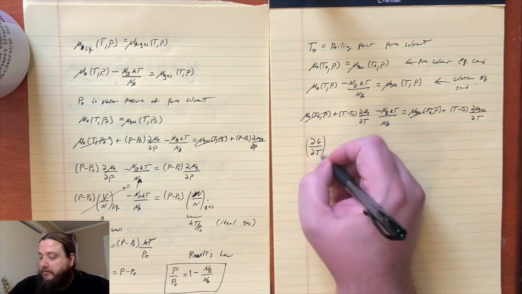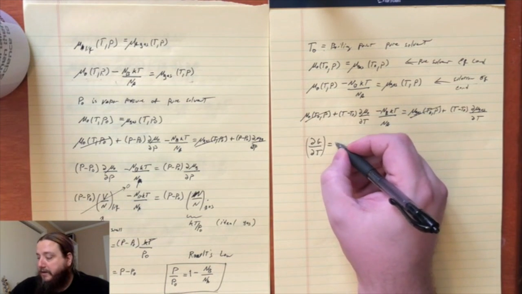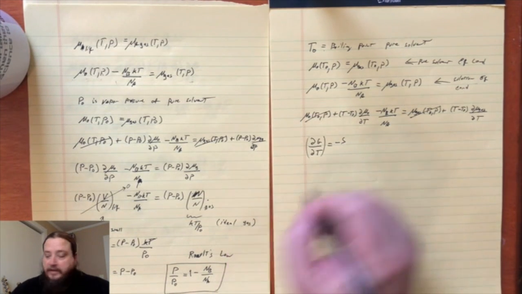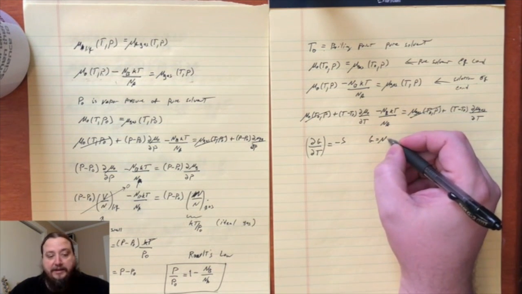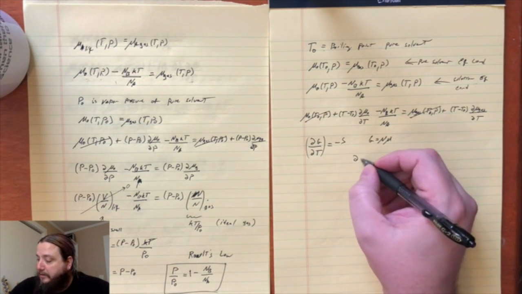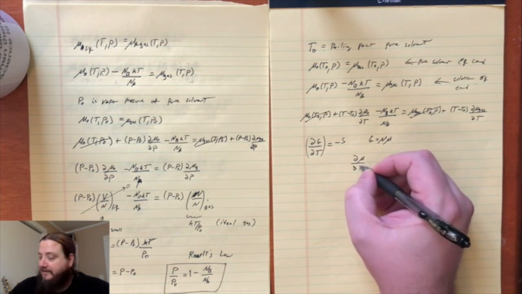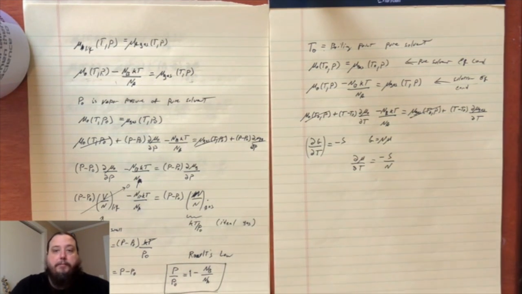The change in the Gibbs free energy with temperature is minus entropy, and the Gibbs free energy is again N times mu, and so d mu dT can be thought of as minus the entropy per particle of our system.